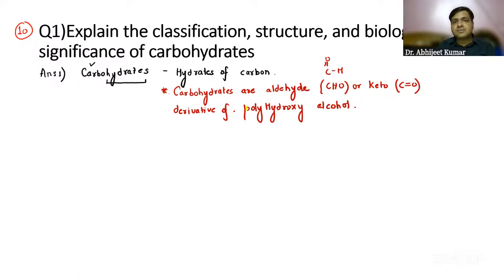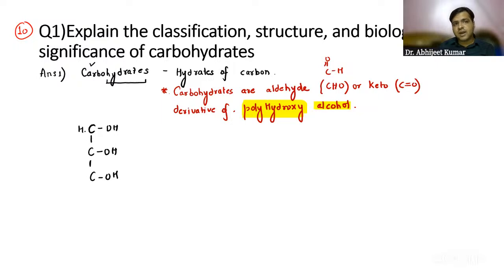Now, I have told you this is polyhydroxy alcohol. Poly means many, hydroxy means OH, and we have alcohol. For this context, I'm taking an example over here. I'm taking 3 carbons, guys. Hydroxy means OH group, right? To all the carbons, I'm adding an OH group. And what is the valency of carbon, guys? You already know it is 4. So to balance this carbon, we have to make 4 bonds.